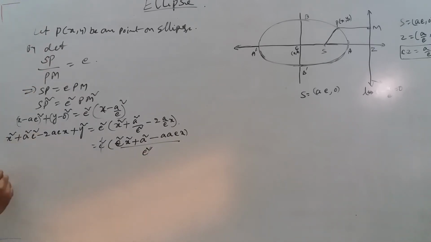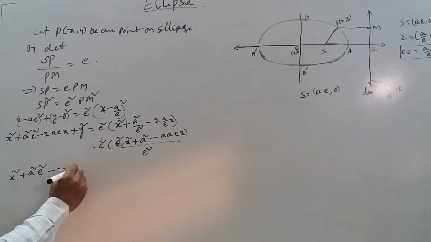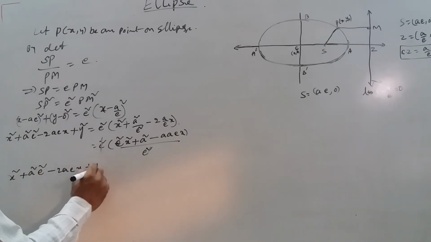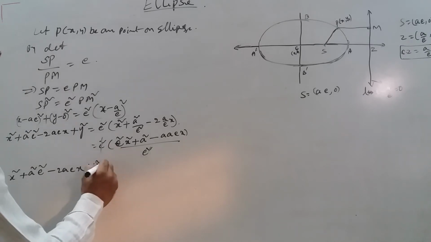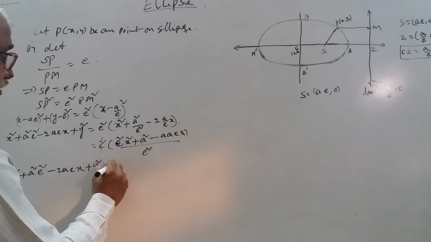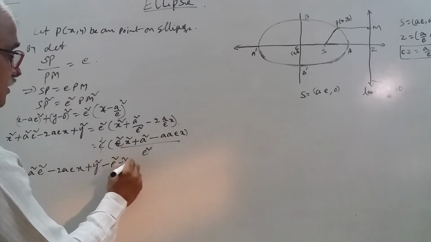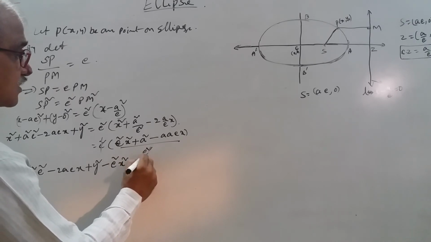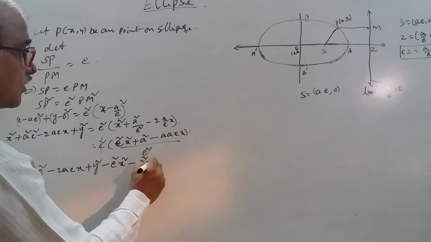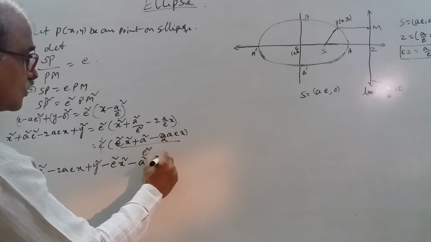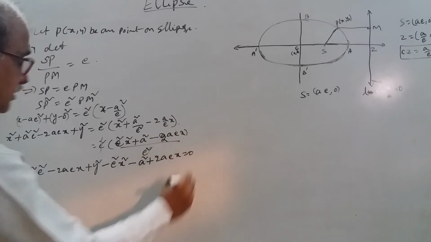The remaining process: bringing everything inside, x square plus a square e square minus 2aex plus y square minus e square x square minus a square plus 2aex is equal to 0.